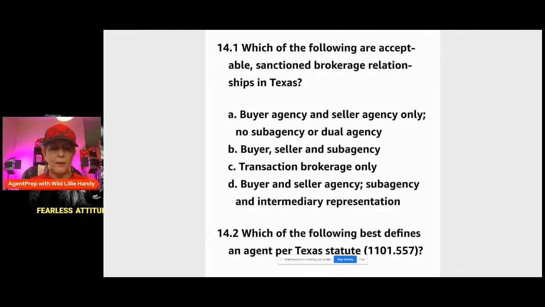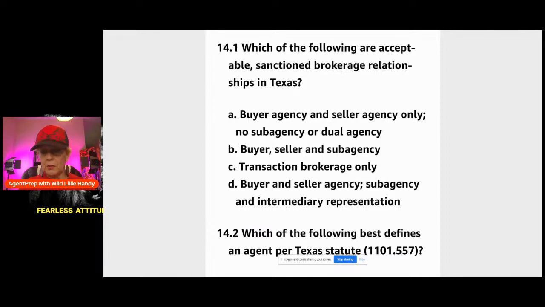So far I have 1D. Question mark, Cindy. The answer is correct. It is 1D. We have buyer and seller agency, sub-agency, and intermediary representation, right?